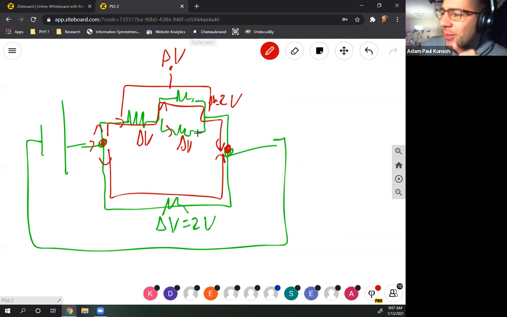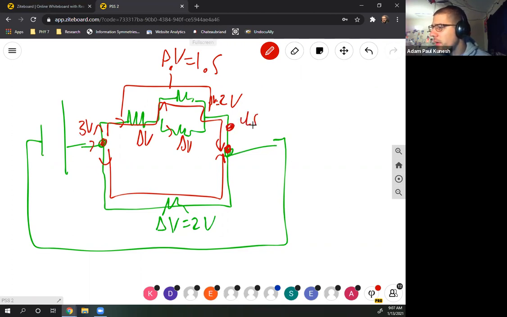But that said, the way to think about it for me is, if I were to find that the change in voltage here was a different number, like 1.5 volts, then say that I started over here and I called this side 3 volts. If I take the upper route, I would find that the voltage at this point is 4.5 volts. And if I took the lower route, I'd find the voltage at this point is 5 volts.